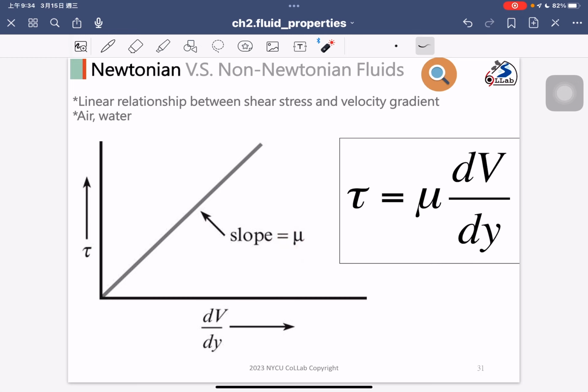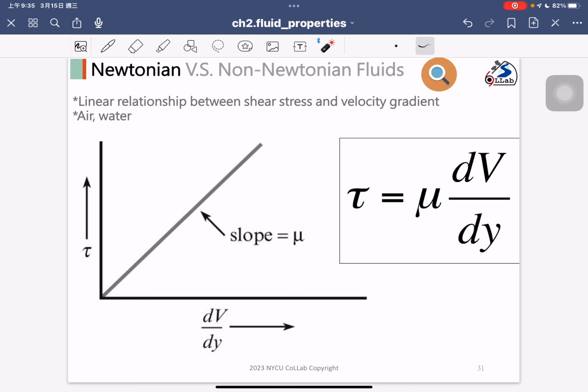So I directly tell you, if the fluid is a Newtonian fluid, in this behavior you can see the linear relationship between shear stress and the velocity gradient. And one thing you need to know, there is a line that crosses the zero point, so there is no intercept.